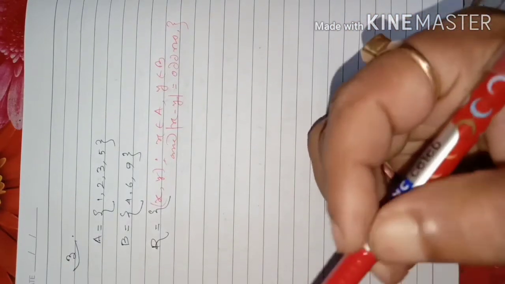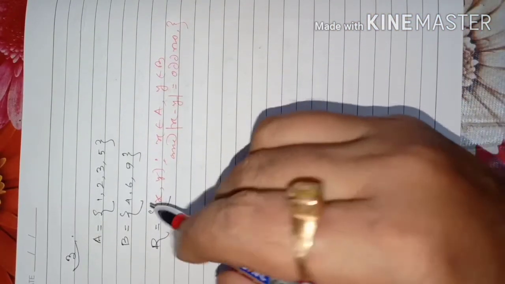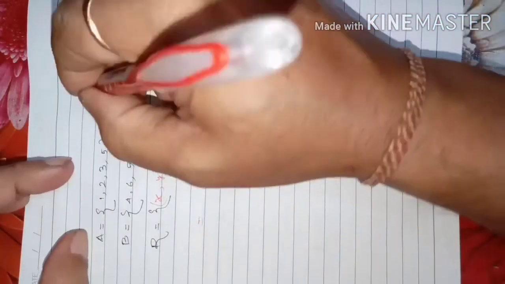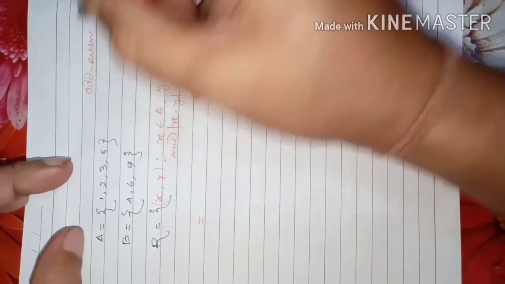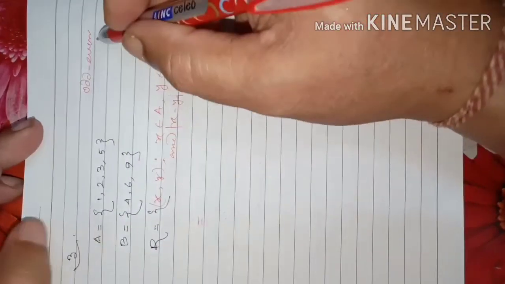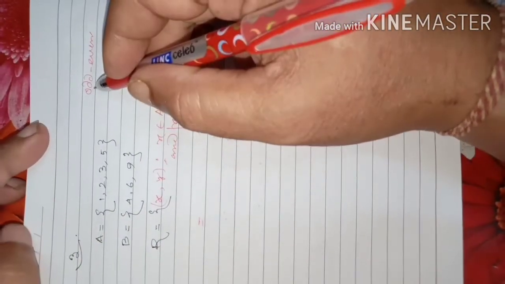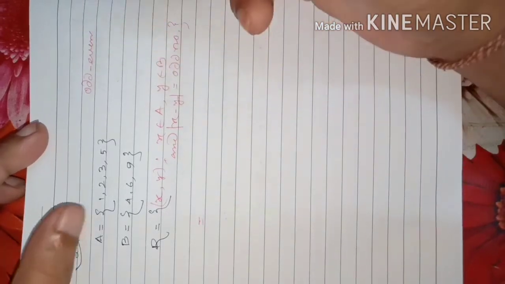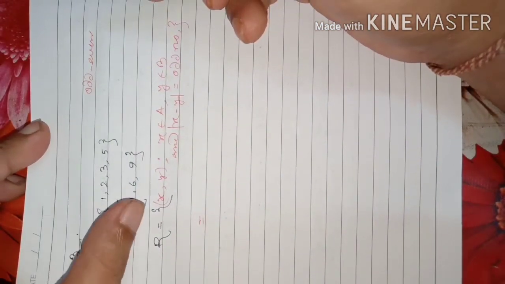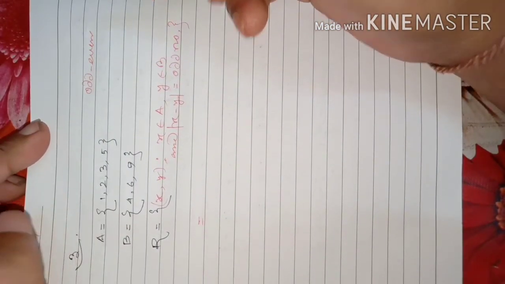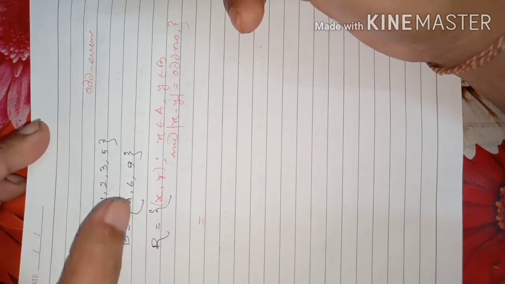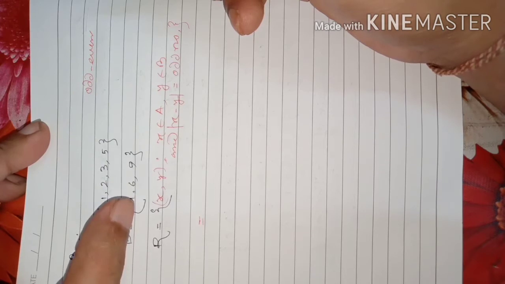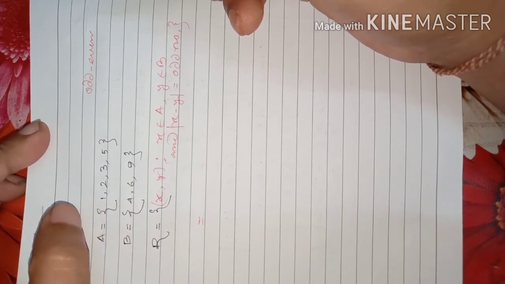Now see, suppose I take an odd number minus an even number, or an even number minus an odd number. Just check, 1 minus 4 is minus 3, that is an odd number. Then if you take 2 minus 4, even number minus even number, what will be the result?